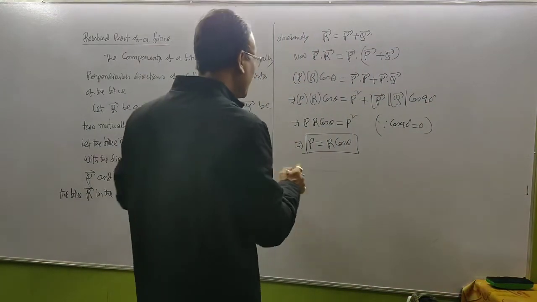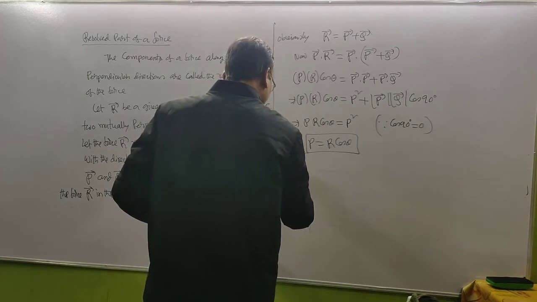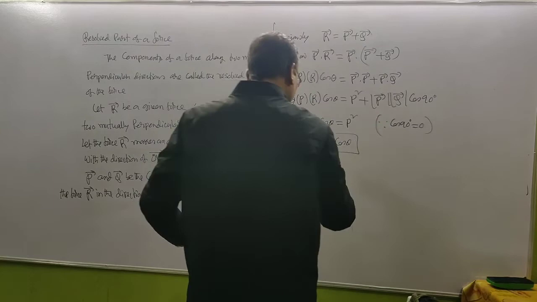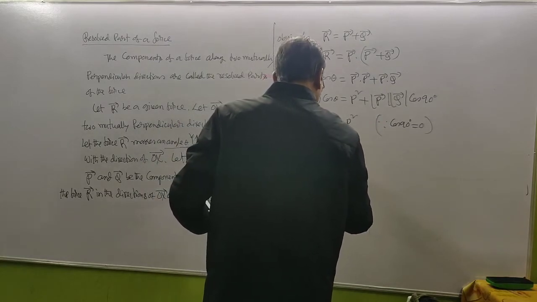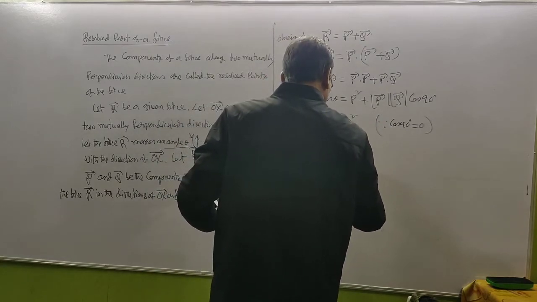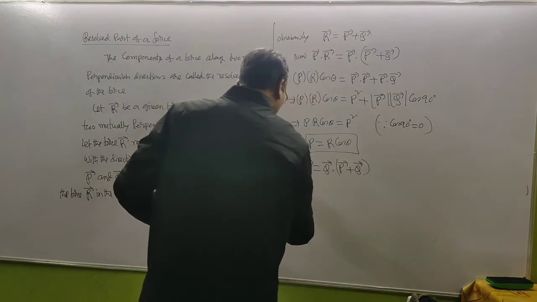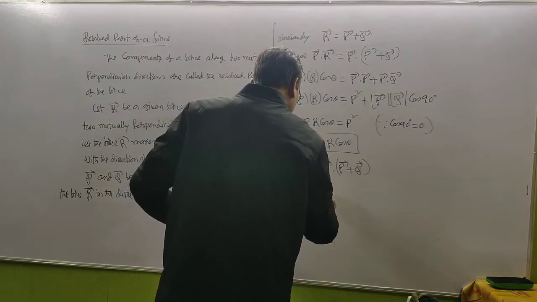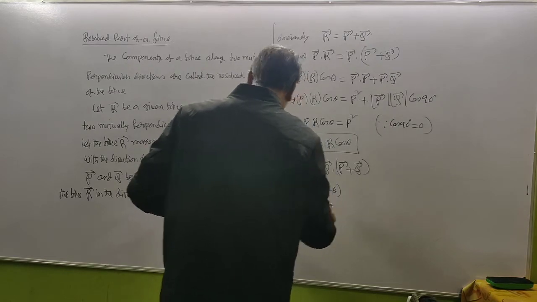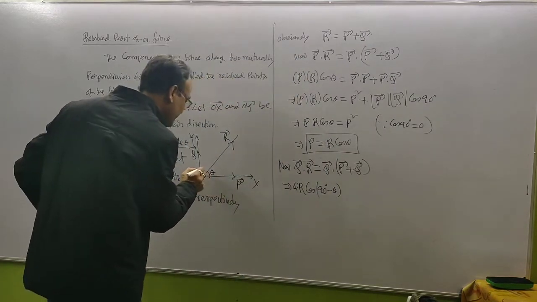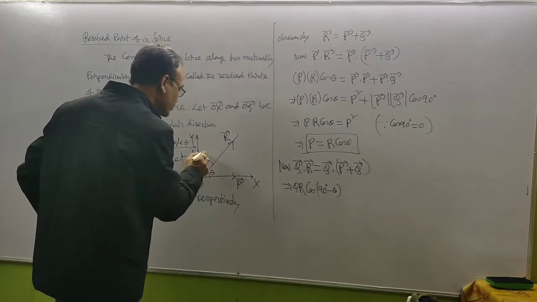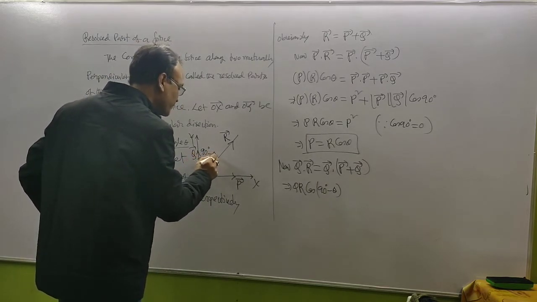Now, Q dot R. What will be equal to Q dot R? Equal to Q vector dot P plus Q. Or QR cos of 90 degree minus theta. Whole angle is 90 degree, therefore this theta, what will be this? This will be equal to 90 degree minus theta.